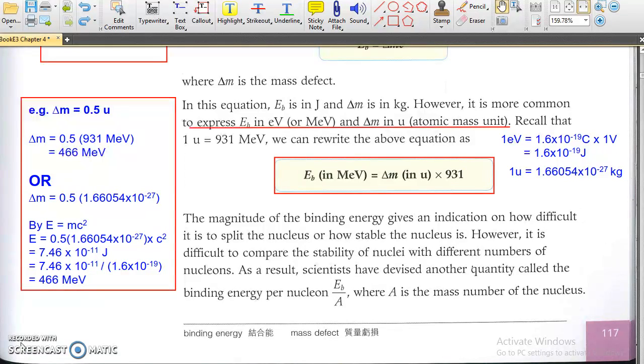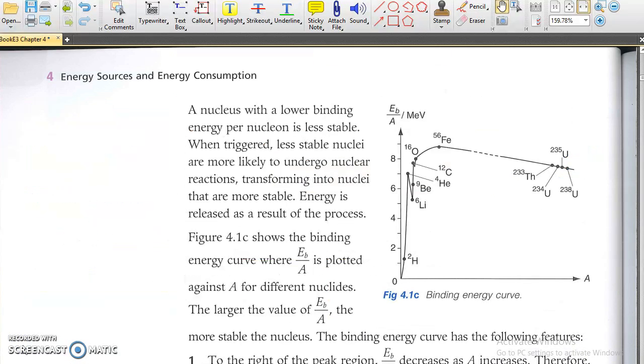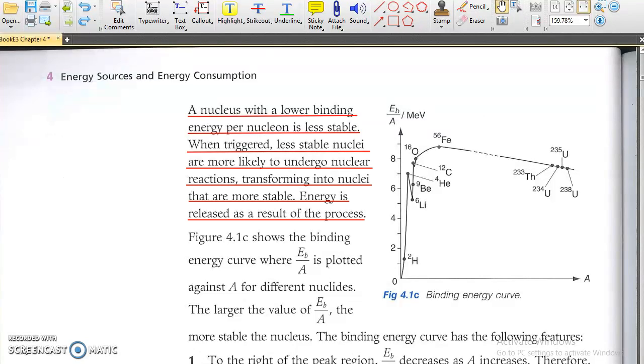So, for a larger mass defect or a larger binding energy, it becomes more difficult to break the nucleus into its constituent nucleons. To compare the stability of nuclei, we have to calculate their binding energy per nucleon, E_B over A. A larger binding energy per nucleon means the nucleus is more stable.